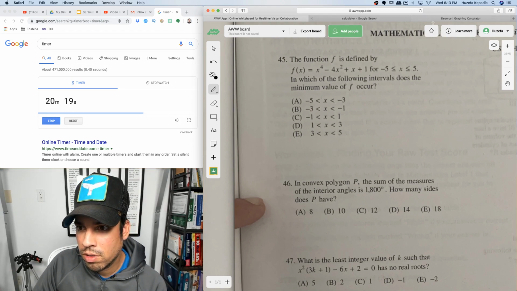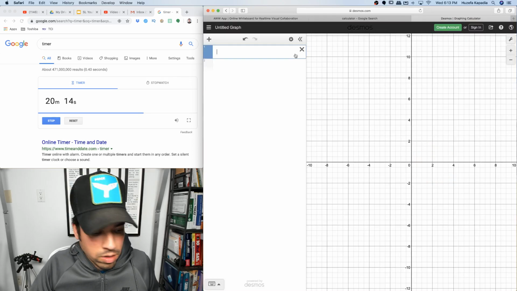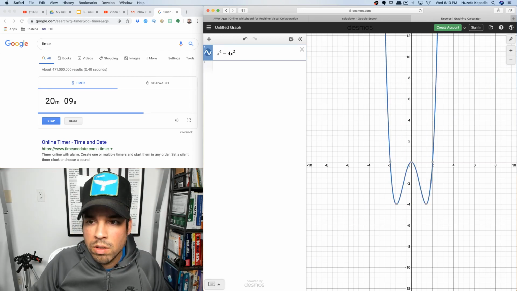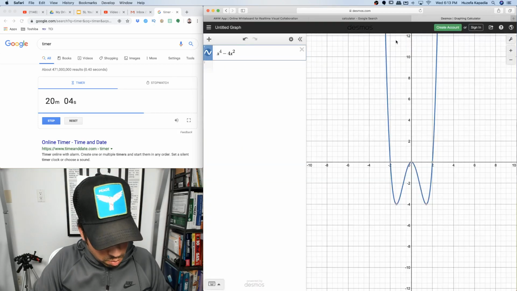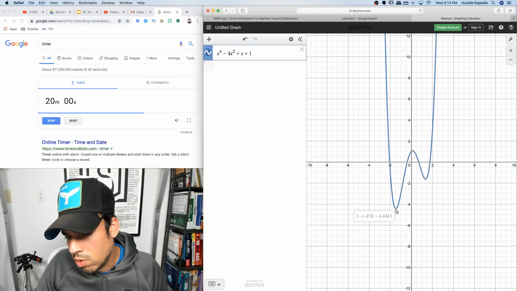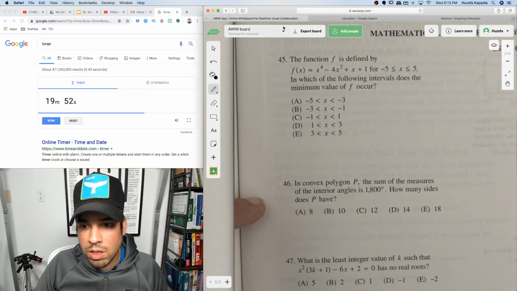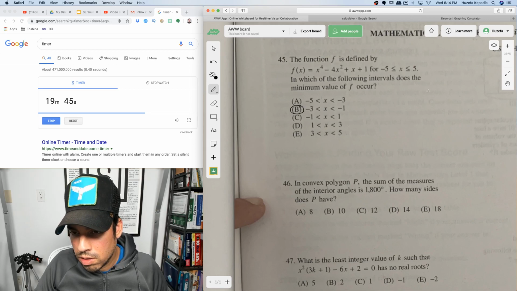X to the 4th minus 4x squared plus x plus 1. Here it is. It's at negative 1.473. 0.473. It's right here. That is it.